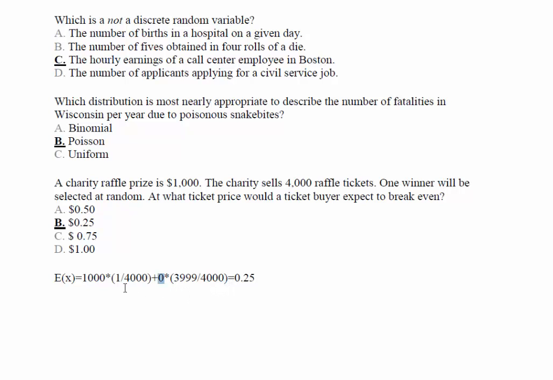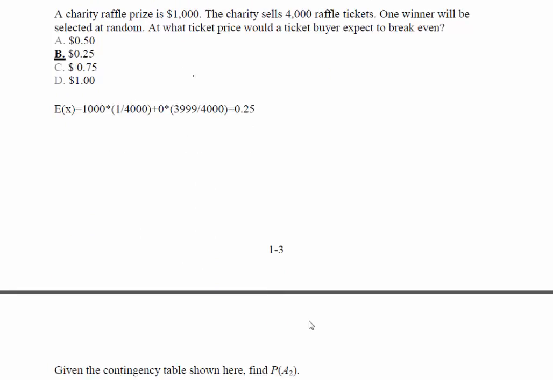If you carry out this calculation, the second term is 0, and 1,000 times 1 over 4,000 is 0.25, or 25 cents. That's your expected value. Let's move on to the next one.